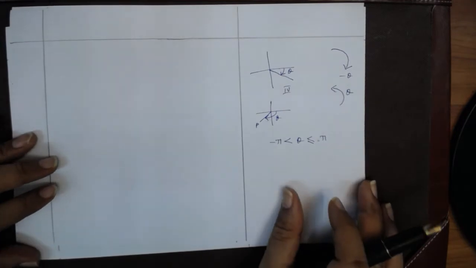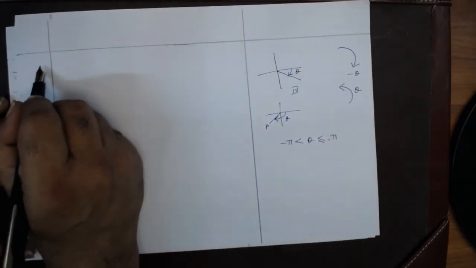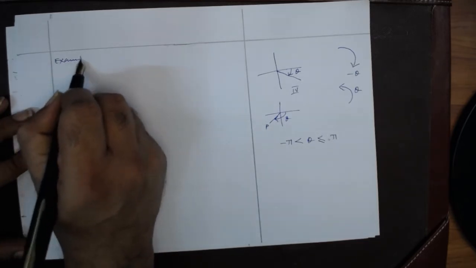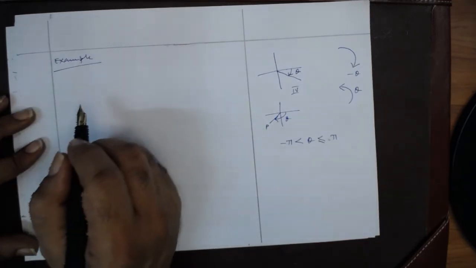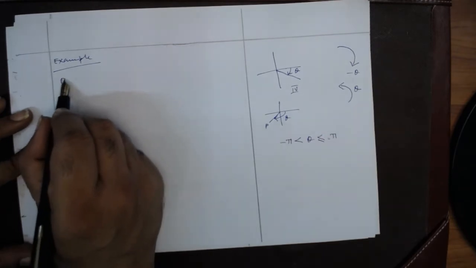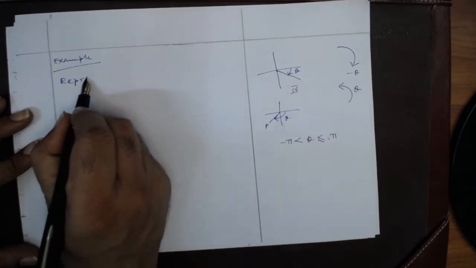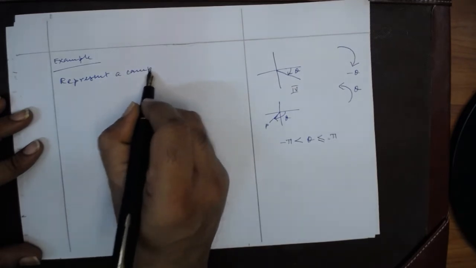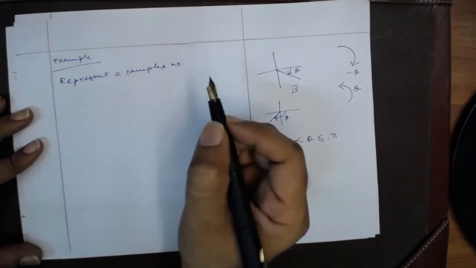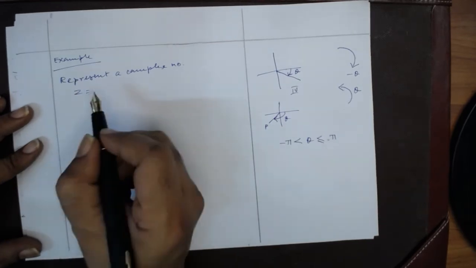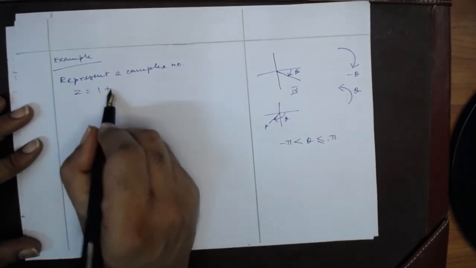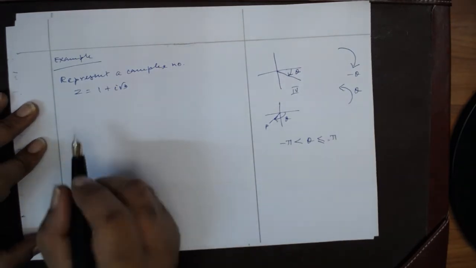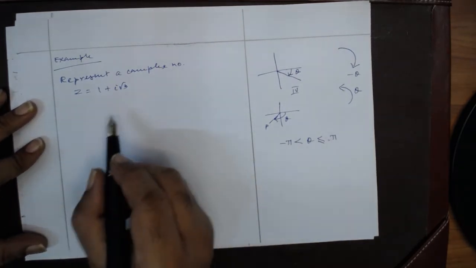Represent a complex number Z is equal to 1 plus i root 3 in the polar form.